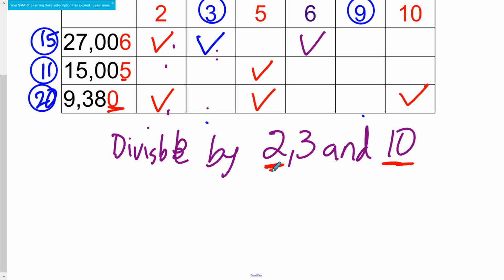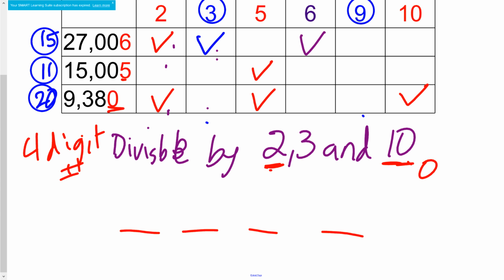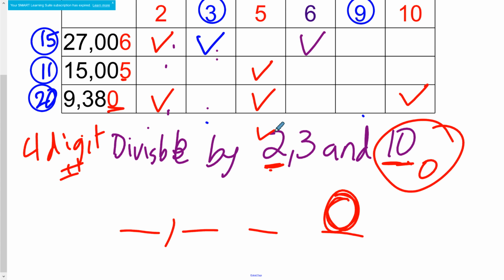This one needs to be even, but here we need it to be a 0. And let's say it's going to be a 4-digit number. I know I need 4 digits, so I'm going to go into the thousands. I know it has to end in a 0, and that's also going to check off the divisible by 2 part. So I've taken care of those.